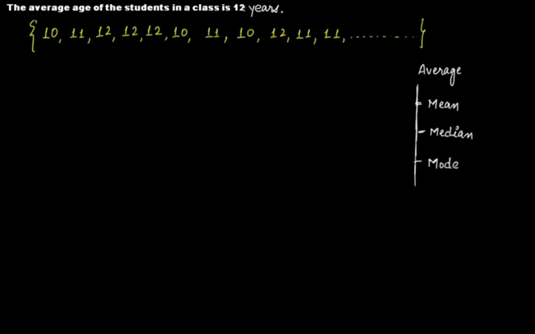Mean, median, and mode are the three tools using which we calculate average. It depends upon the situation whether you will use only one of these, two of these, or all of these. It completely depends upon the situation.